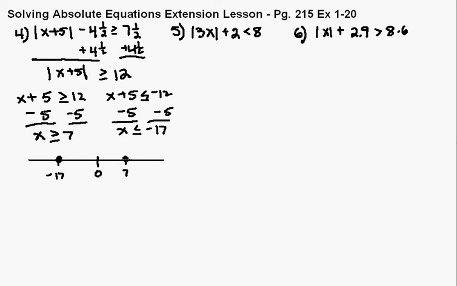So x is greater than or equal to 7, so we're going this direction. X is less than or equal to negative 17, so we're going this direction. So this is an OR. So we have x greater than or equal to 7. Here we have x less than or equal to negative 17. This is a disjunction.